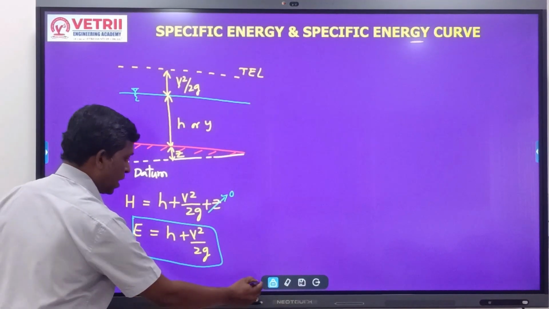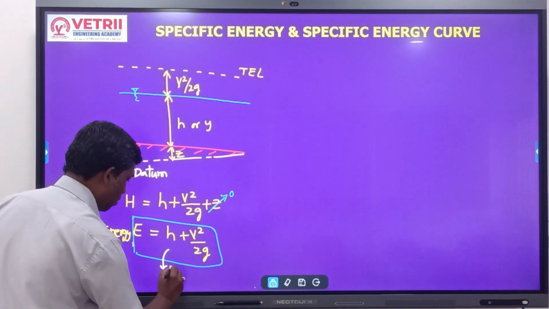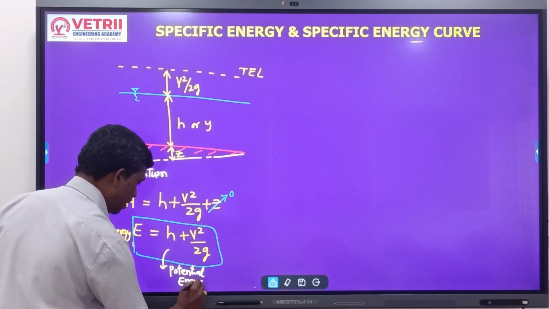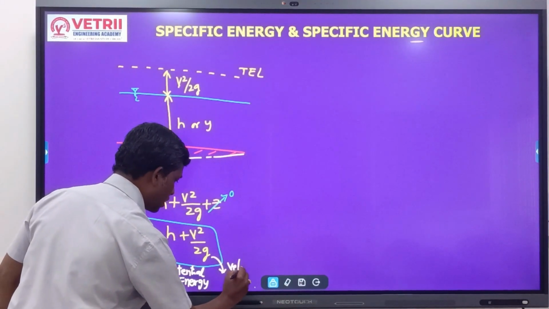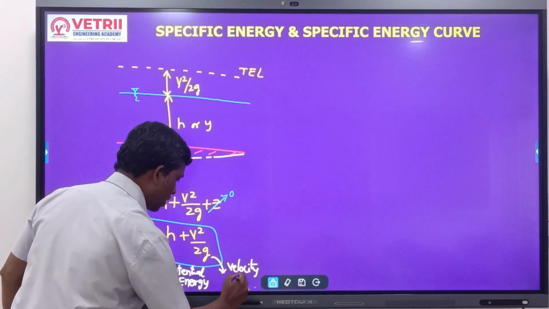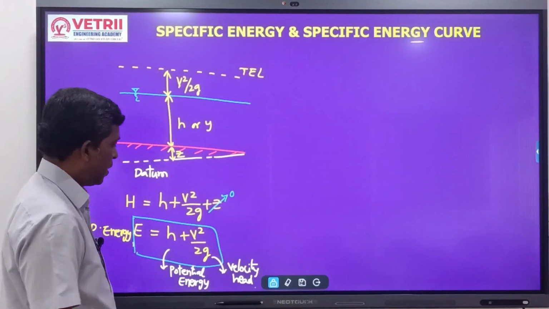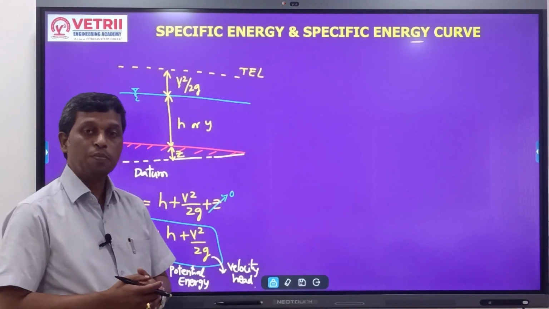Here H is the potential energy or potential head, and V square by 2g is our velocity head or kinetic head. So E is equal to H plus V square by 2g is our specific energy.